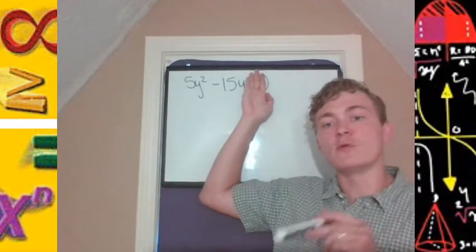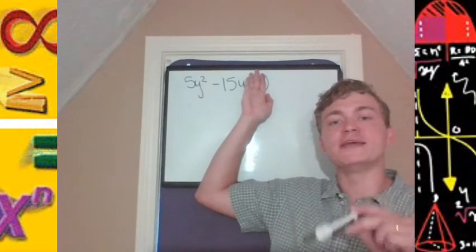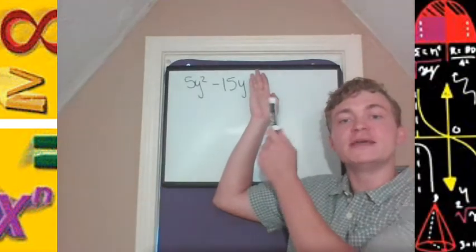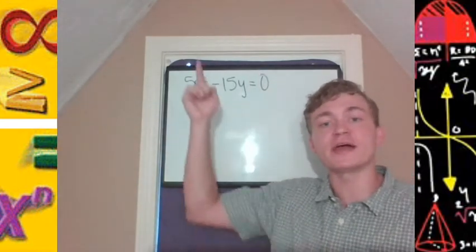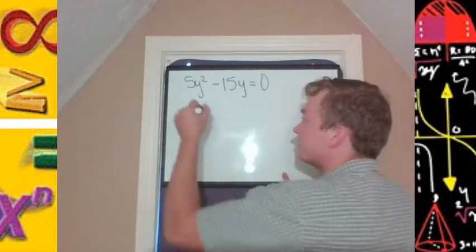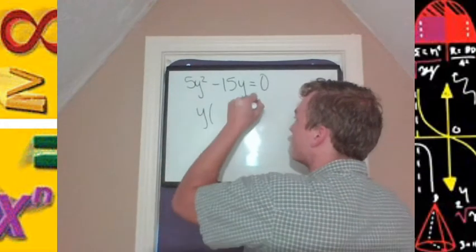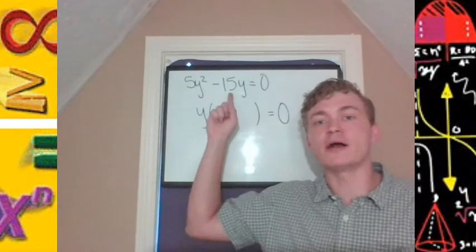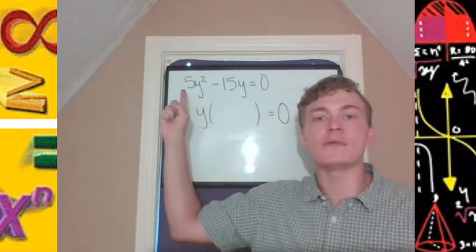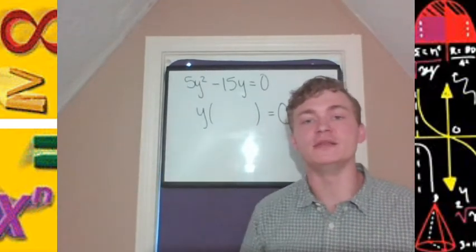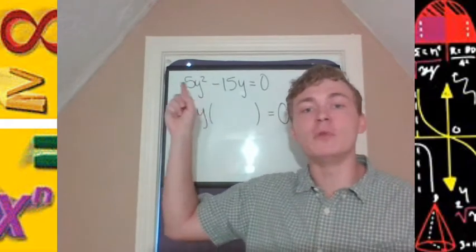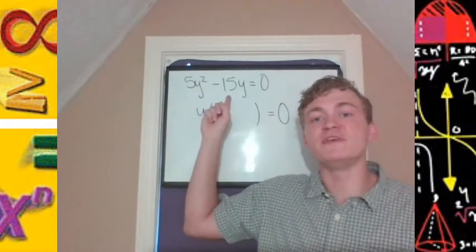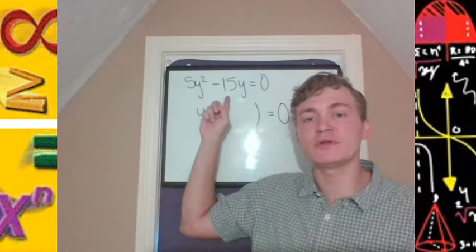5 is multiplying y squared. Well, what is y squared? y times y. 15 times y. So there is a common factor of y that we can factor out. But is that all that's common? We factor out one factor of y. Now we look at the coefficients 5 and 15. 15 is a multiple of 5 because 15 is 5 times 3.